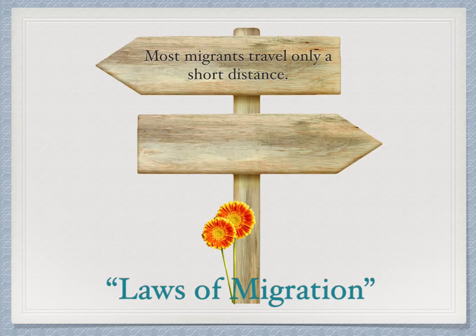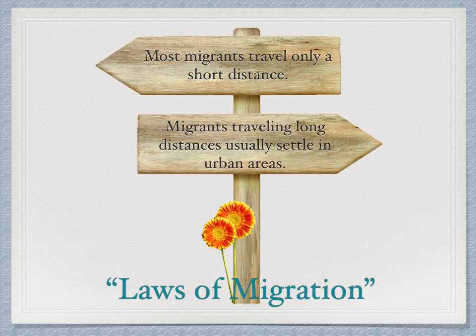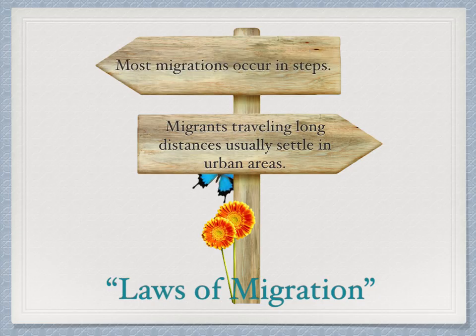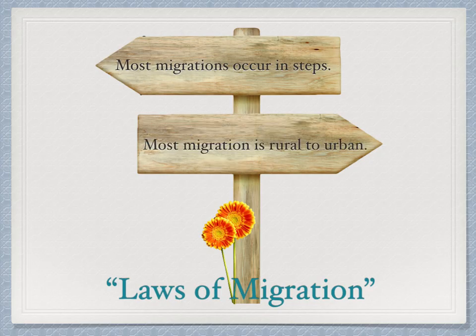International migrations, until recently, really weren't that common. Migrants who travel a long distance usually settle in an urban area. Most migrations occur in steps. And most migration is rural to urban rather than urban to rural.